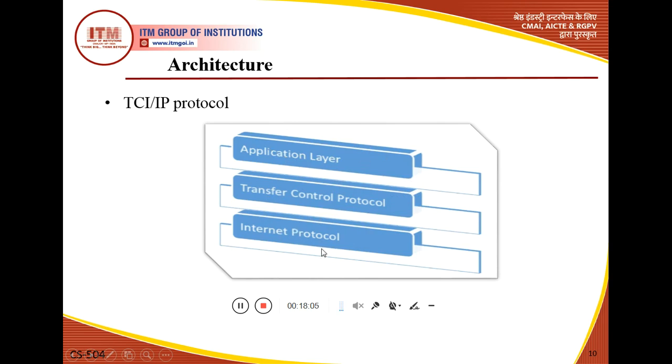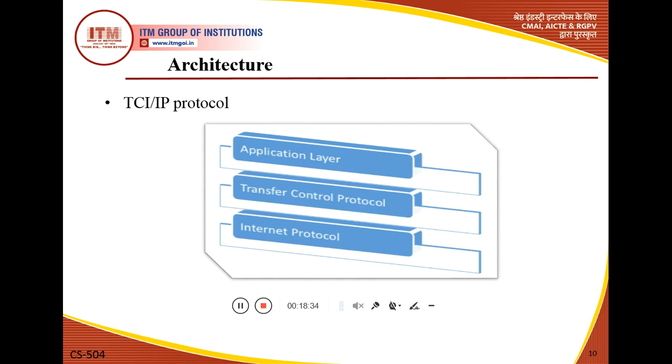Here we will use a protocol, and the name of that protocol is TCP/IP. Now what do we mean by the term protocol? A protocol is generally defined as a set of rules, and according to those rules we work on the internet. So these sets of rules are defined in the form of a protocol.